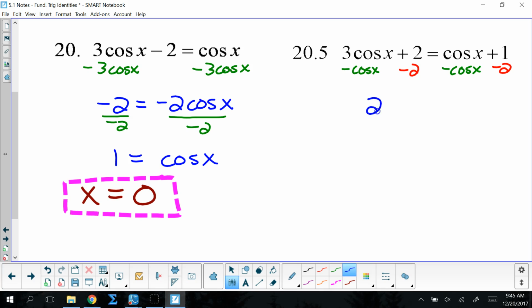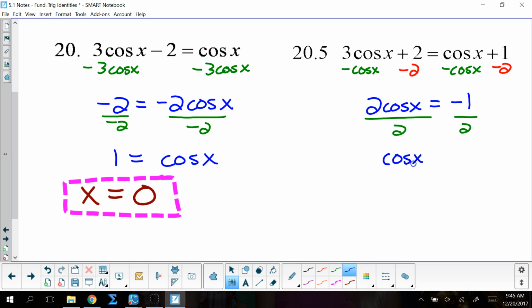So that gives me 2 cosine of x equals negative 1, so cosine of x is negative 1/2. Where on my unit circle is cosine equal to negative 1/2? I have 2 pi over 3, and then also 4 pi over 3.